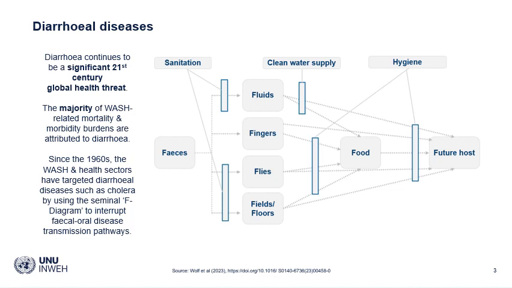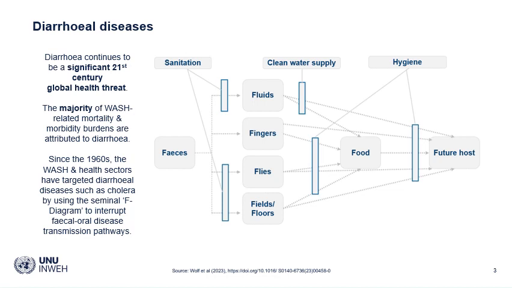Feces. This represents the initial source of pathogens, typically originating from human or animal waste. Feces contains a variety of disease-causing microorganisms such as bacteria, viruses, and parasites.